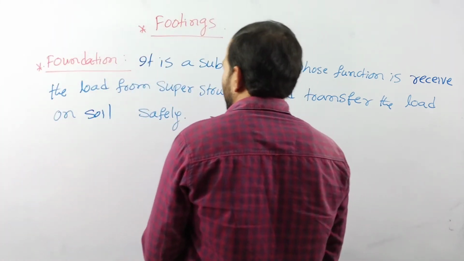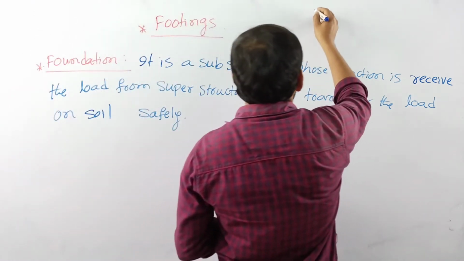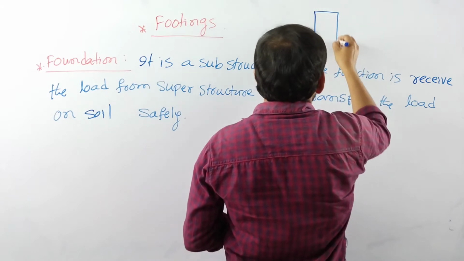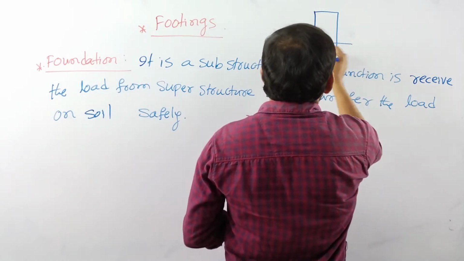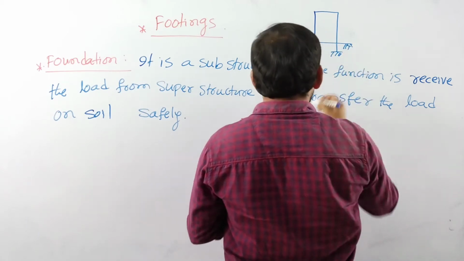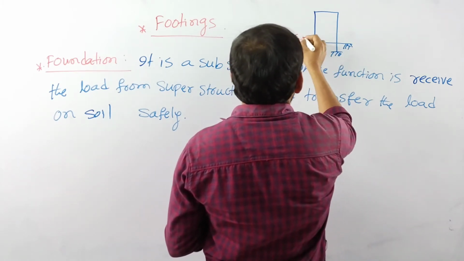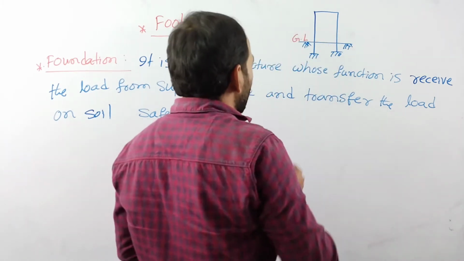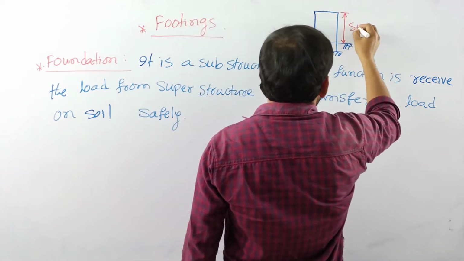Normally this building is classified like this. For example, this is the building, and this is the ground level, GL. Above the ground level, it is considered as superstructure.